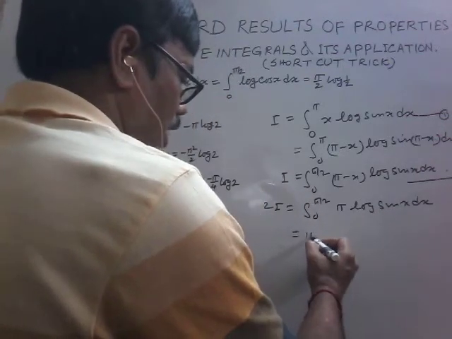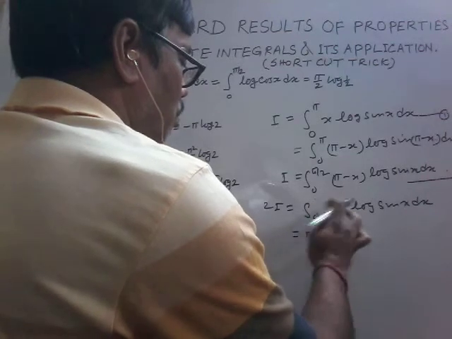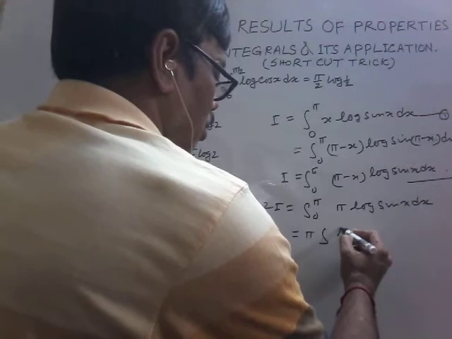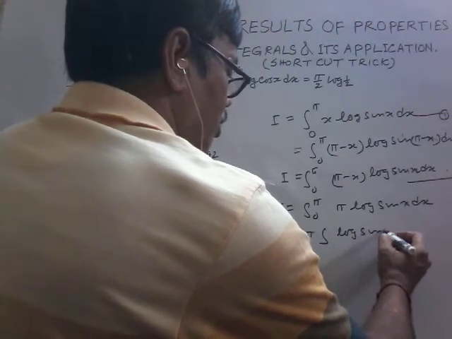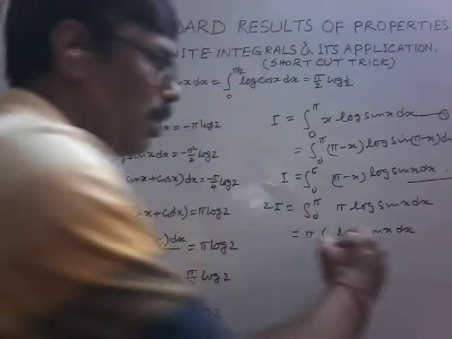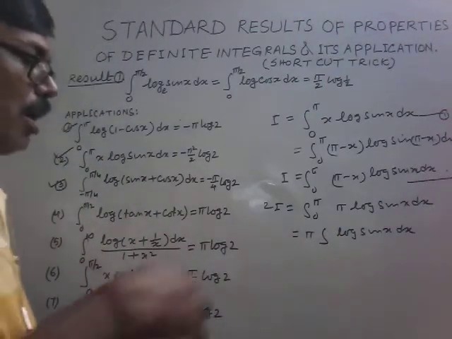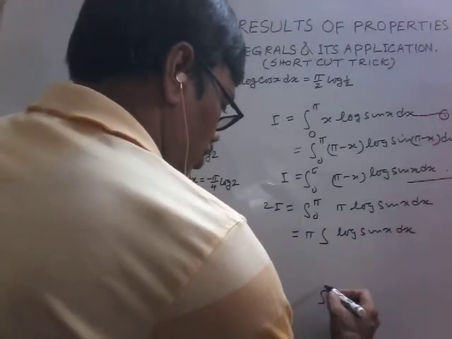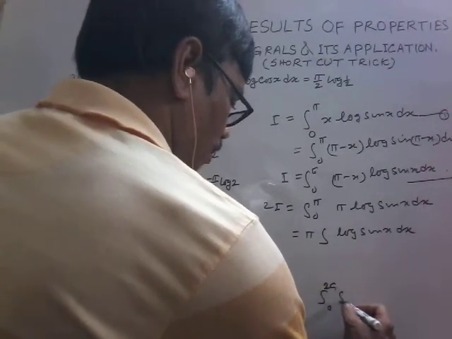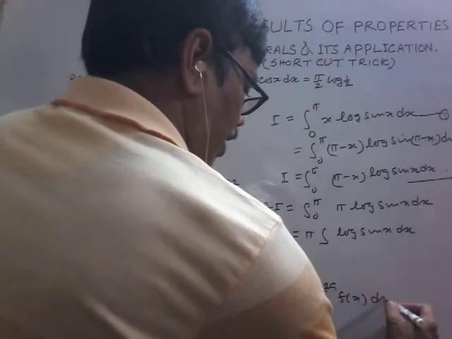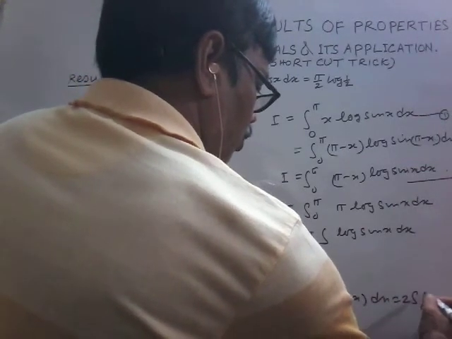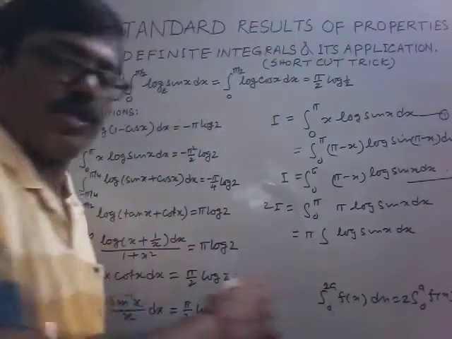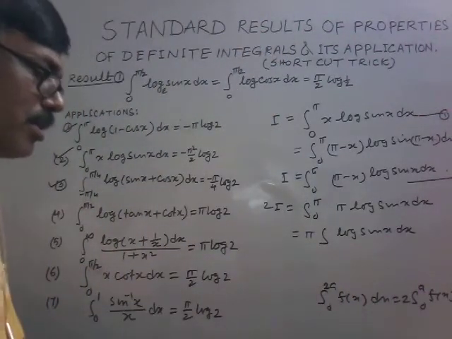Now pi is outside, and the limits are 0 to pi, not pi by 2. Now we have a result: integral 0 to 2a of f(x) dx equals 2 times integral 0 to a of f(x) dx. This is a standard result of definite integration.